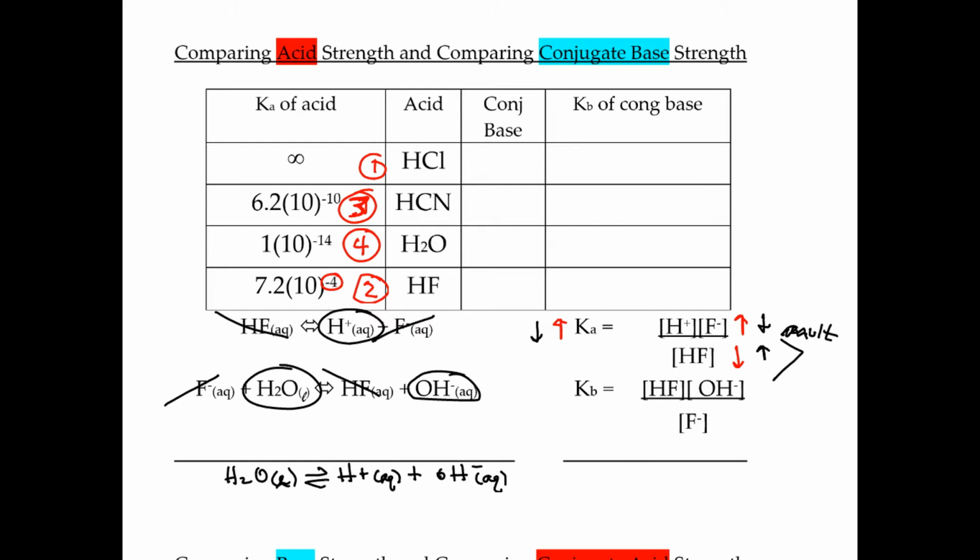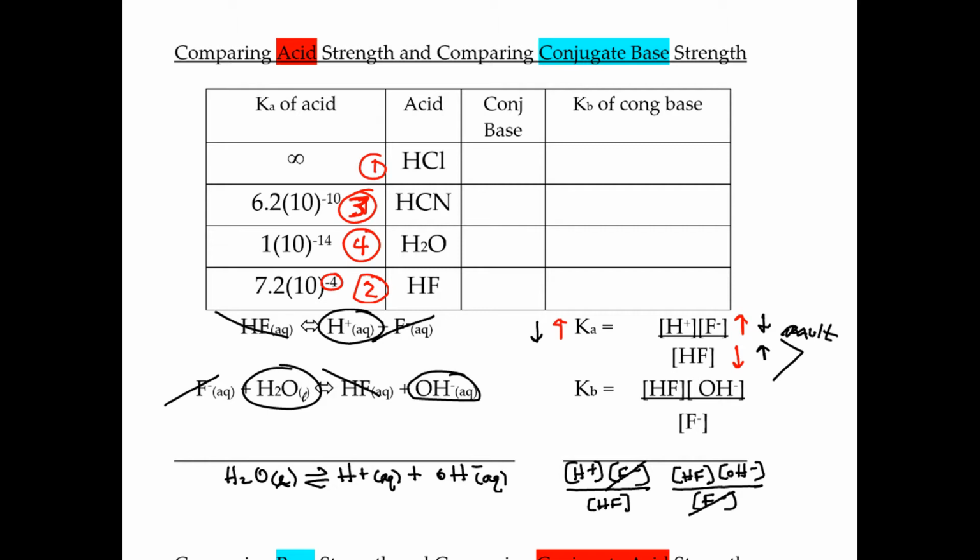It says multiply. Okay, so let's multiply this. We're going to have the first one, which is H plus concentration times F minus concentration divided by HF concentration. And then let's multiply that by the Kb, which is the HF concentration times the OH minus concentration divided by the F minus concentration.